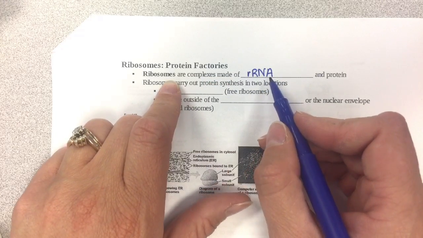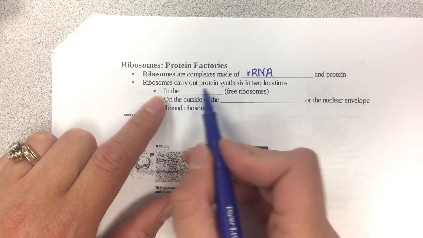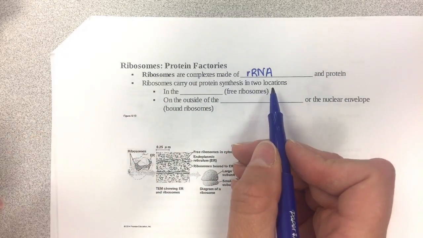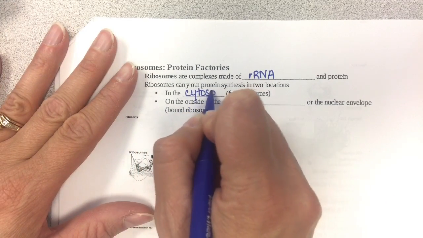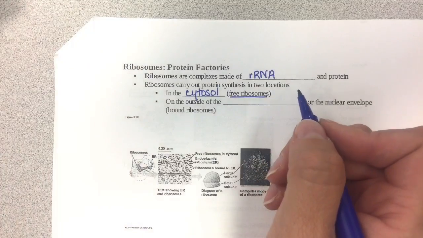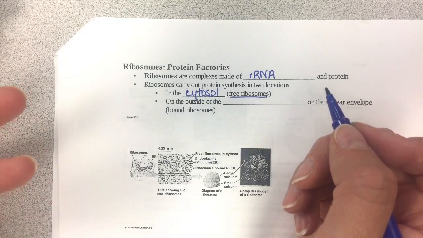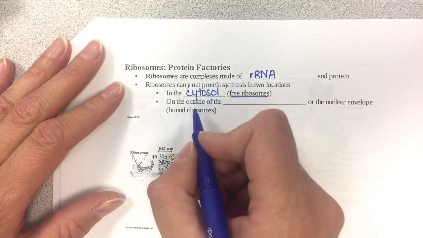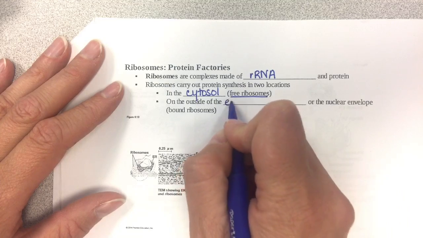Made in the nucleolus. Ribosomes carry out protein synthesis in two places: in the cytosol on free ribosomes, meaning the ribosomes are floating around in the cytoplasm or cytosol all by themselves, or they can be on the outside of the endoplasmic reticulum.